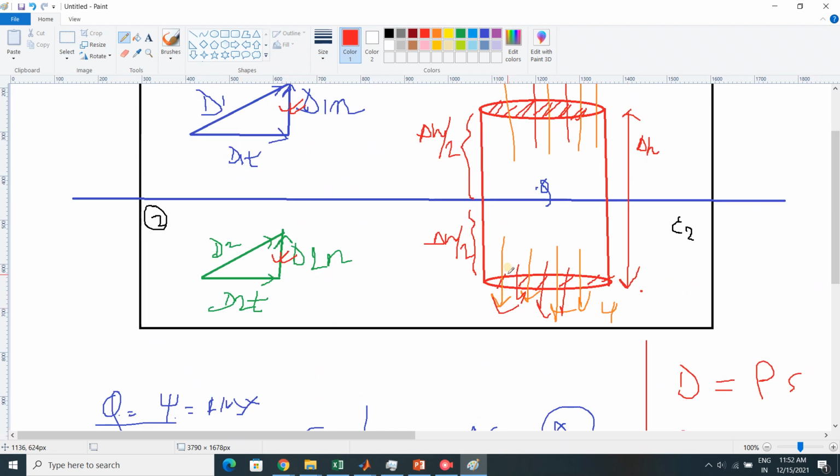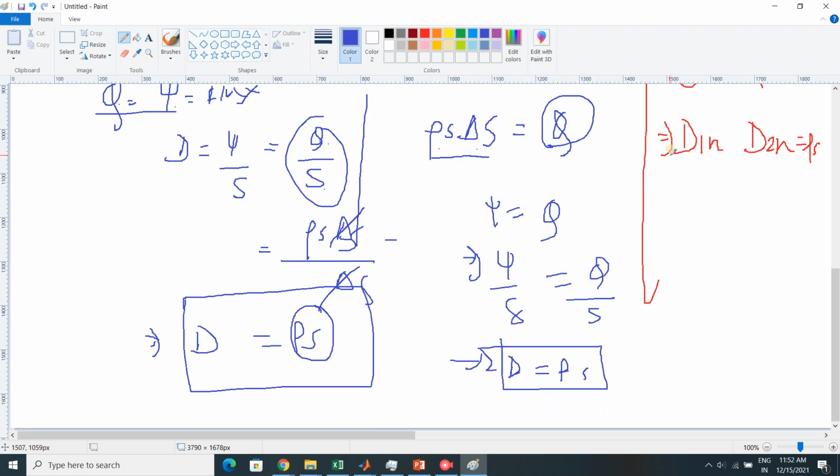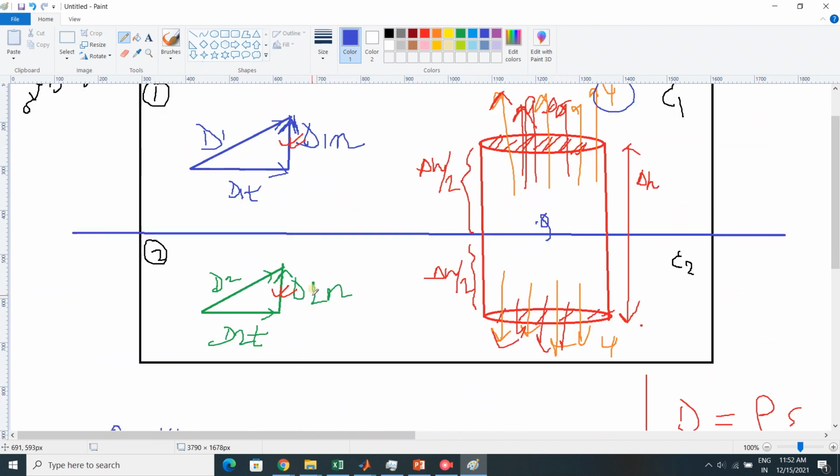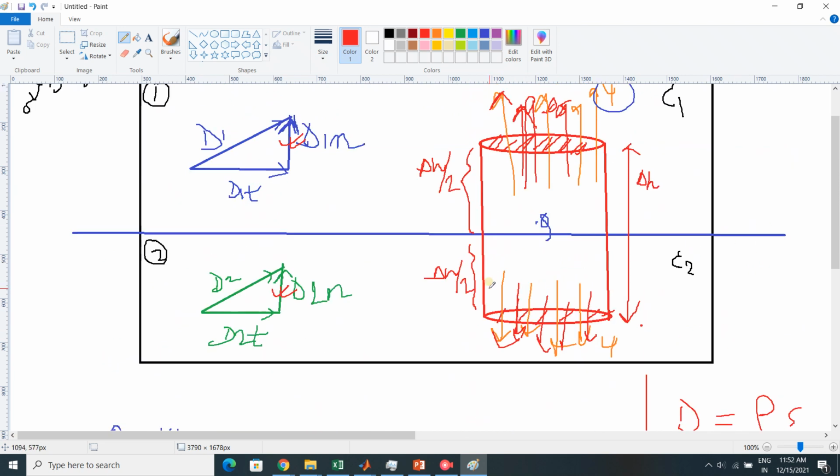But since the direction of the flux which is coming out from the top is upward, and this particular vector is also from down to upward direction, it will be positive. In this case the direction of the vector is from bottom to upwards, but the fluxes are coming out from top to bottom, so opposite direction.